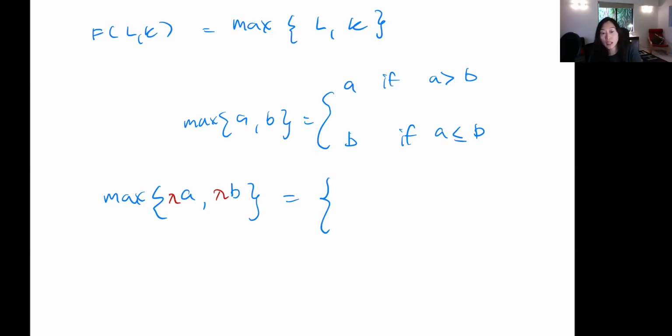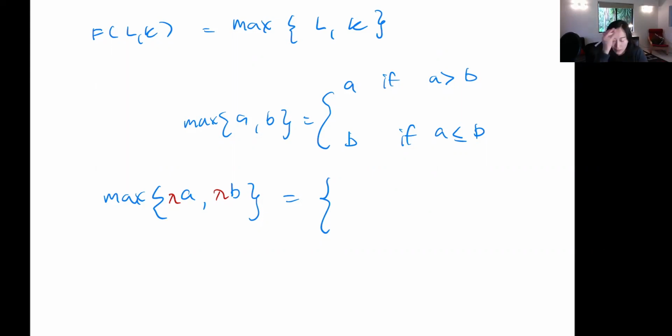For returns to scale, we double or increase the inputs. But this only works when lambda is positive. Not for any lambda, but for this particular context, it works because lambda is positive. If lambda could be negative, then it's a different story. So just keep in mind that this works because lambda is positive.